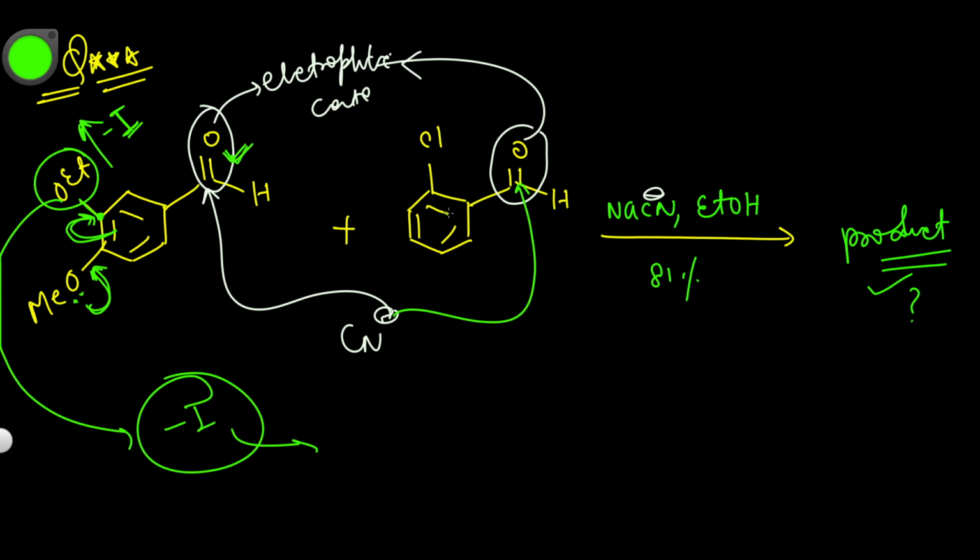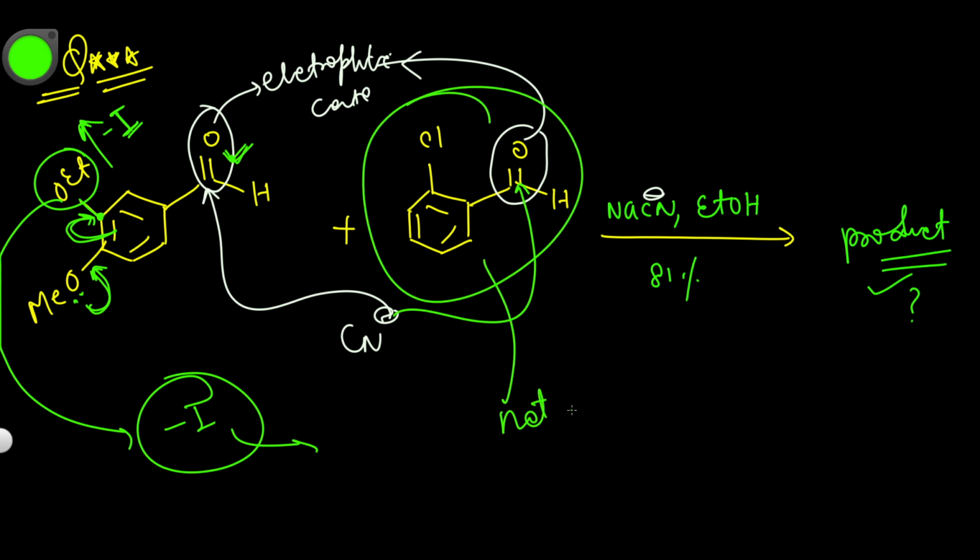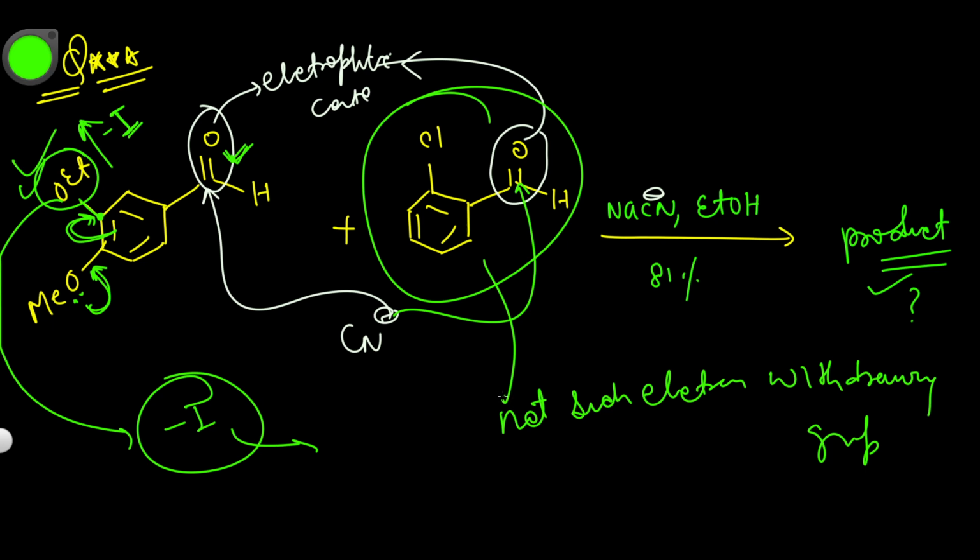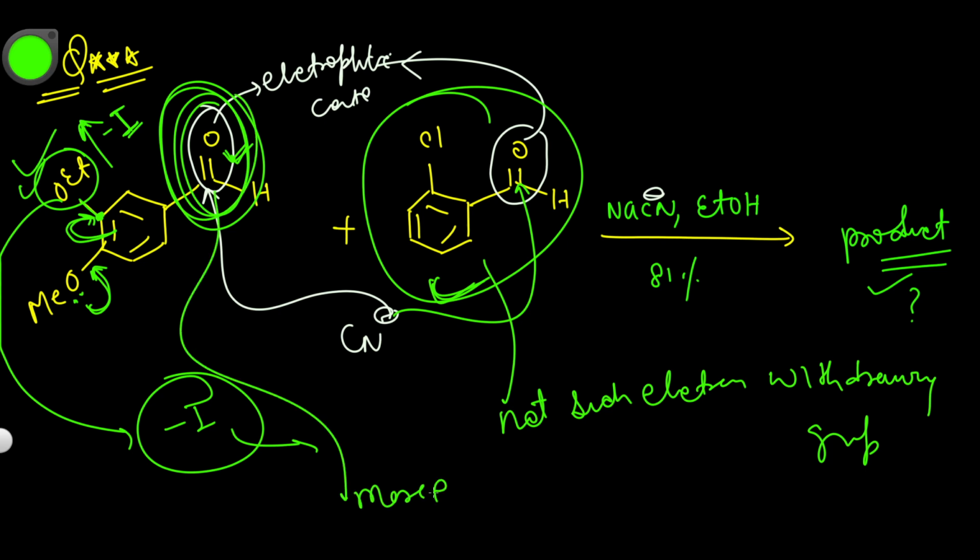But in this other case there is no such electron withdrawing group. Here we have an OAc, and that OAc is withdrawing the electron density of this ring, so that this C=O is a more electrophilic center.